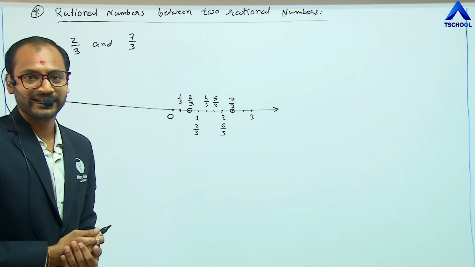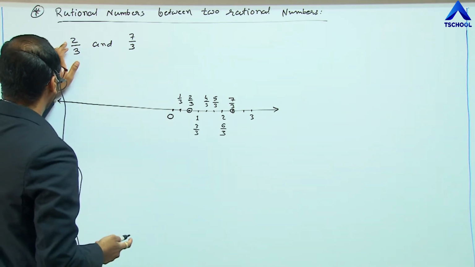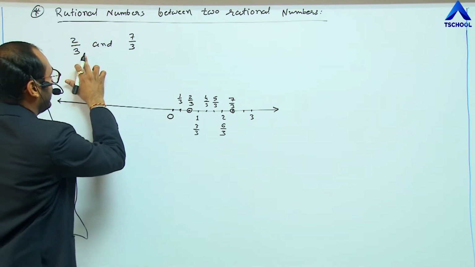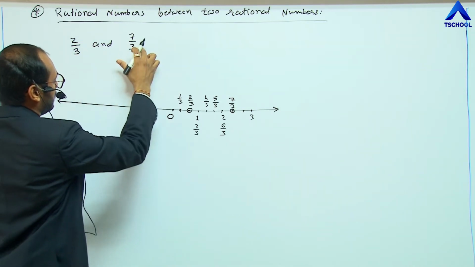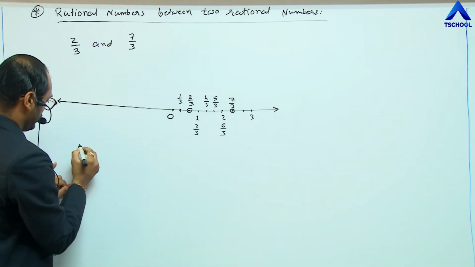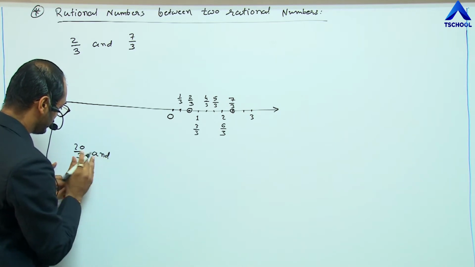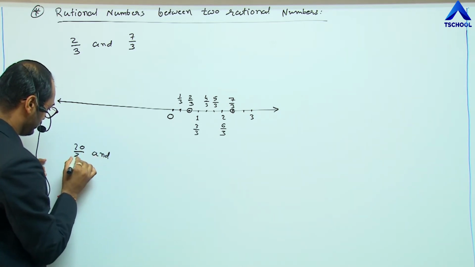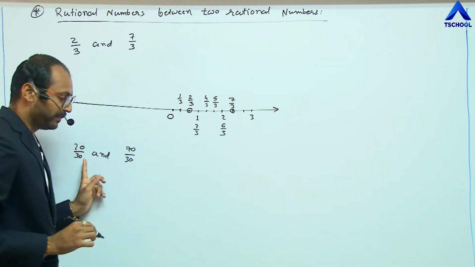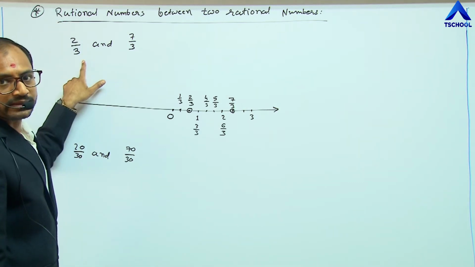Which ones? Let me take an example. If I multiply by 10 in the numerator and in the denominator, let me take 20 upon 30 and 70 upon 30. I am multiplying by 10 on numerator and denominator in the same way.